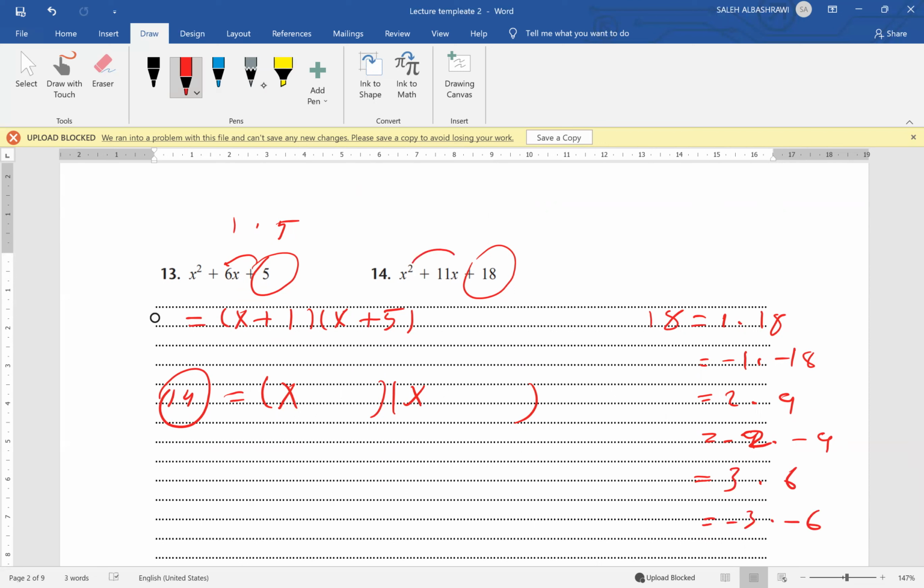But I need plus 11, and this will be 2 plus 9 equal to plus 11. So the two numbers will be plus 2 and plus 9.